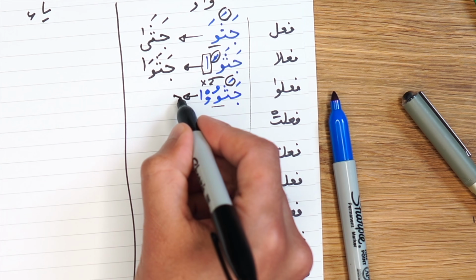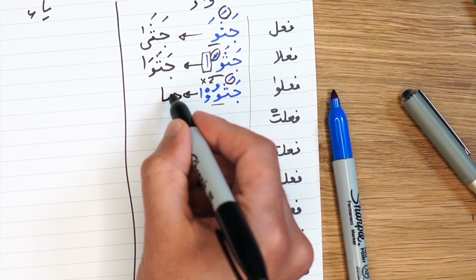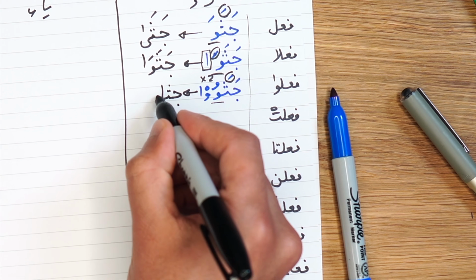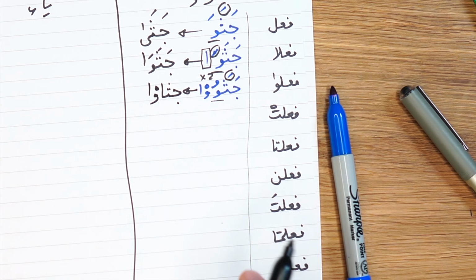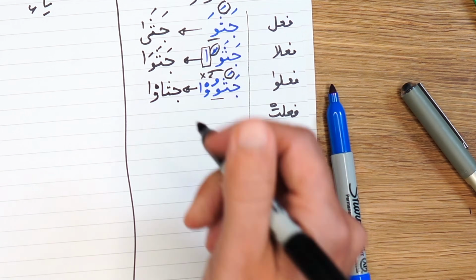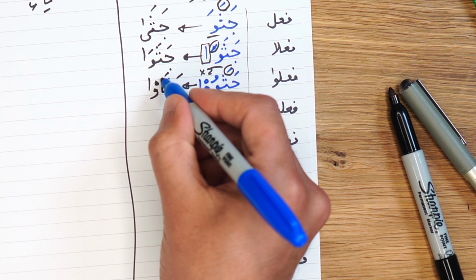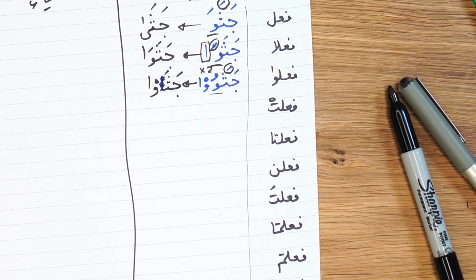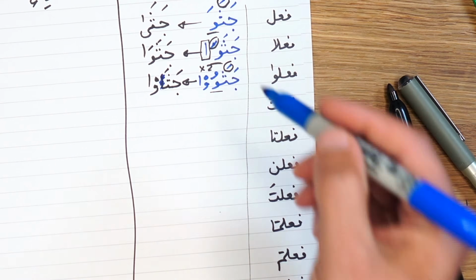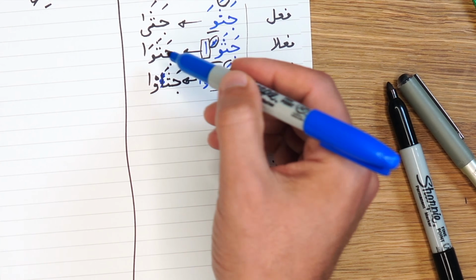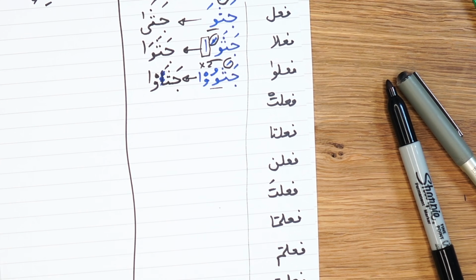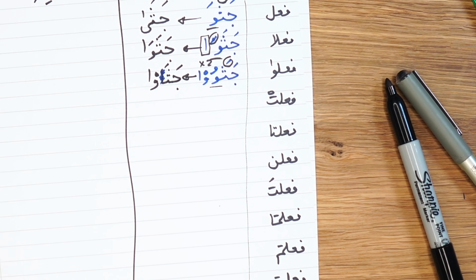So jathaw. Now, because you can't pronounce that, because there are two sakins that have merged together, you're going to delete the one alif. So jathawa, jathaw. All right, you with me? Understanding it so far?